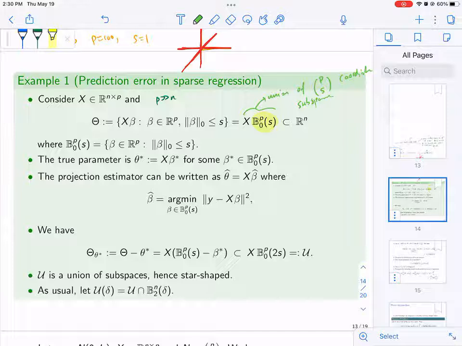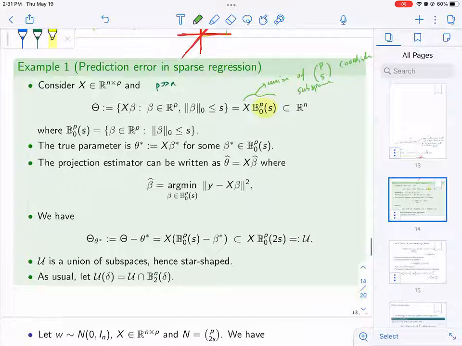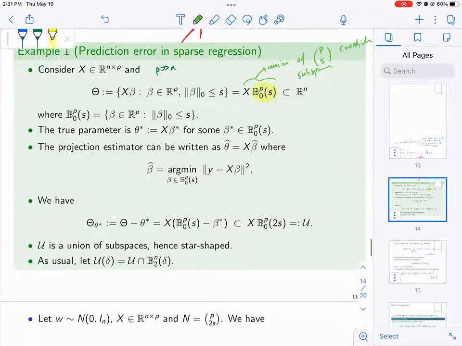So that's the projection estimator. In this case it just solves this L0-constrained regression. You can also see that you're basically projecting onto these coordinate axes. It's a hard computational problem, but here we're not going to worry about that. We just want to understand the performance of this estimator.